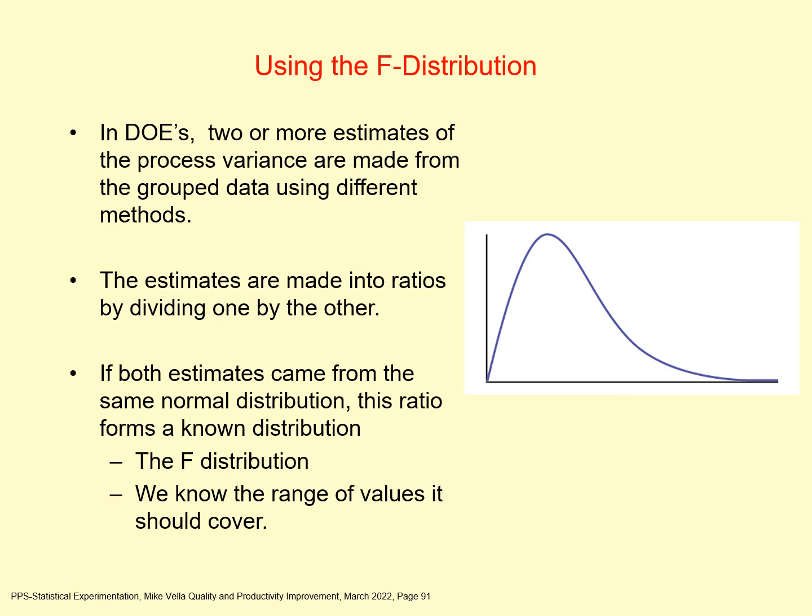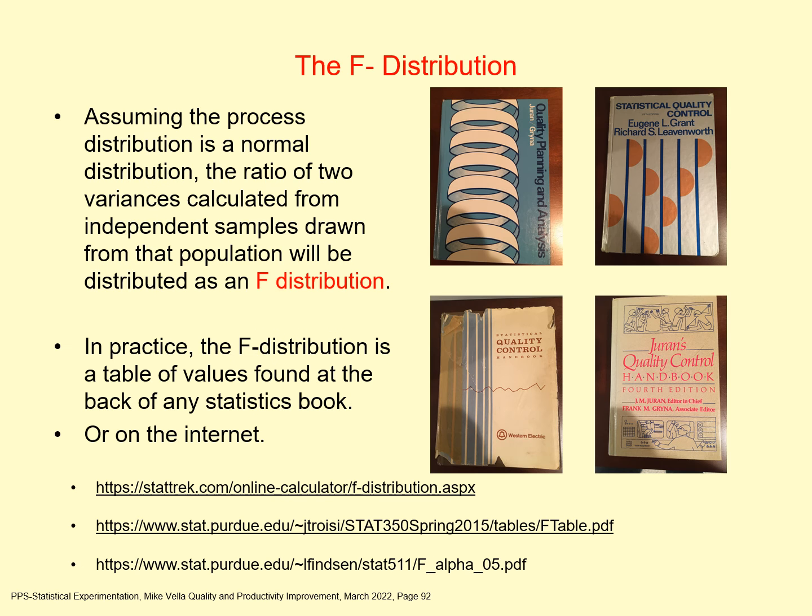This is called the F distribution, and we know the range of values it should cover. Assuming the process is distributed as a normal distribution, the ratio of the two variances calculated from independent samples drawn from that population will be distributed as the F distribution.